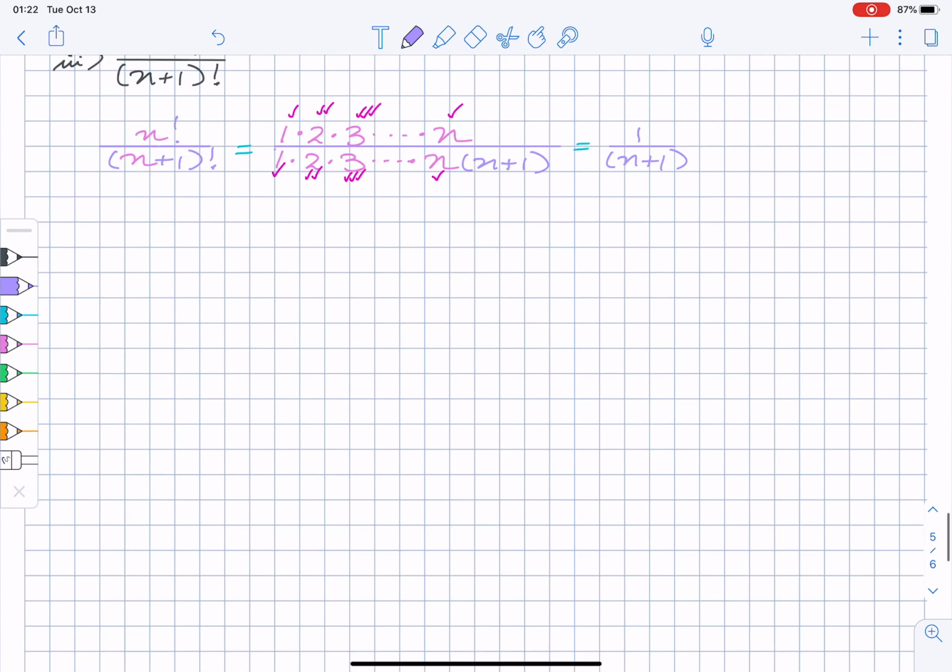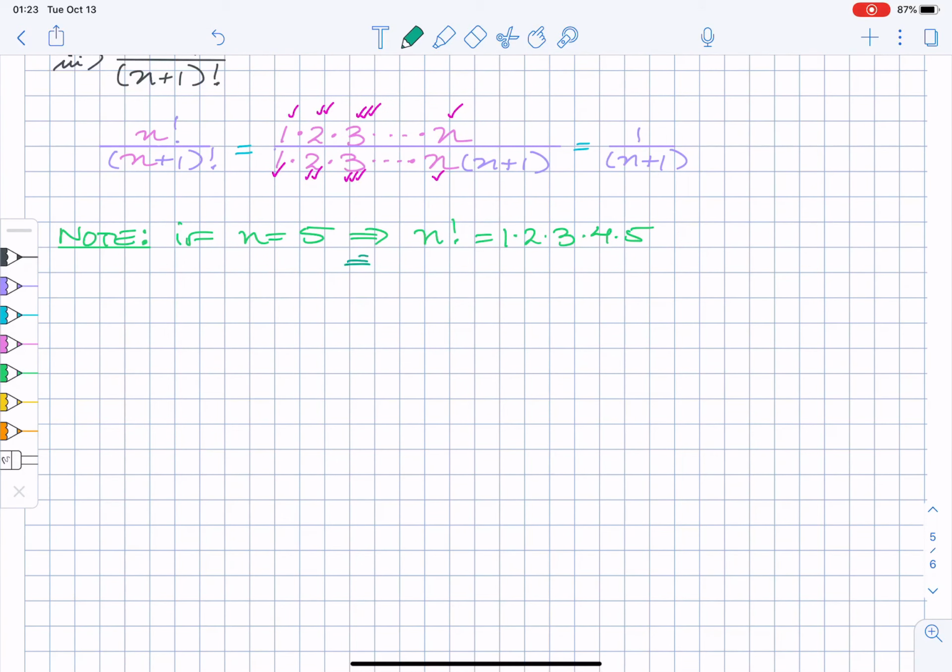So let's note, why is that? If n equals 5, say, then n factorial will be 1 times 2 times 3 times 4 times 5.